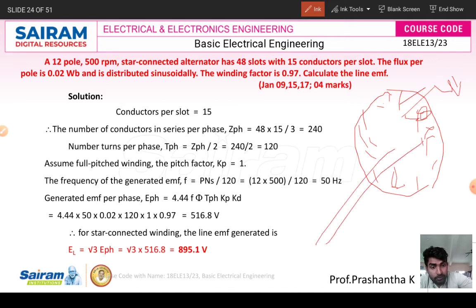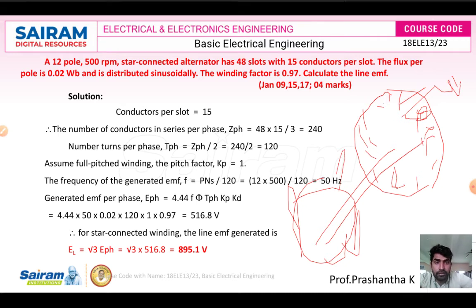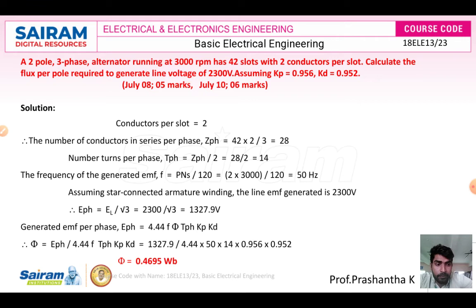The flux per pole is 0.02 Weber. So now we need to calculate the line EMF. E phase is equal to 4.44 f phi m T phase Kp Kd volts. Let's see the next problem.